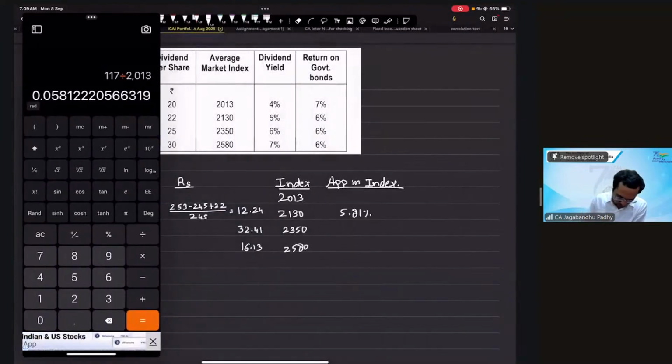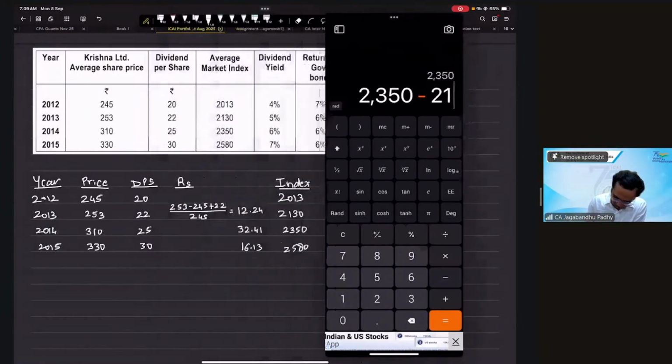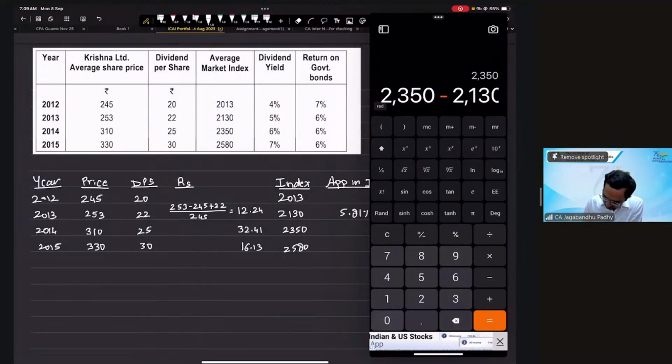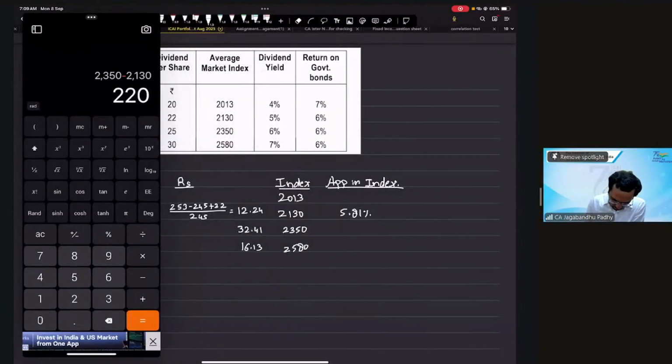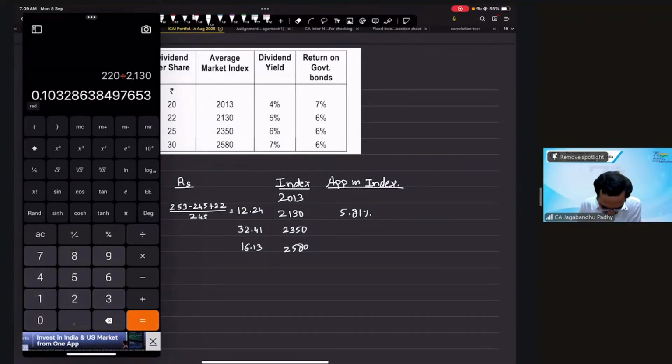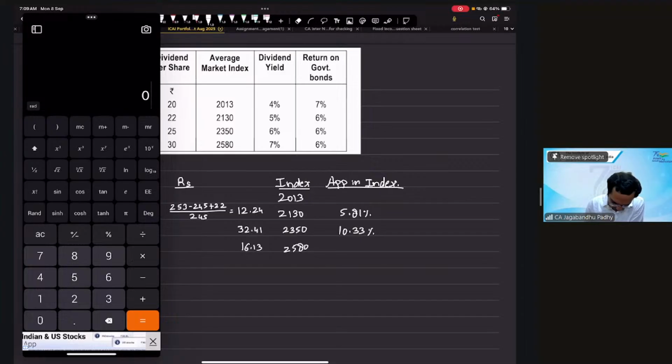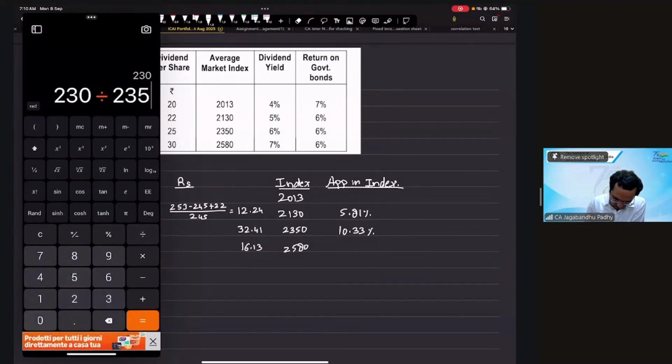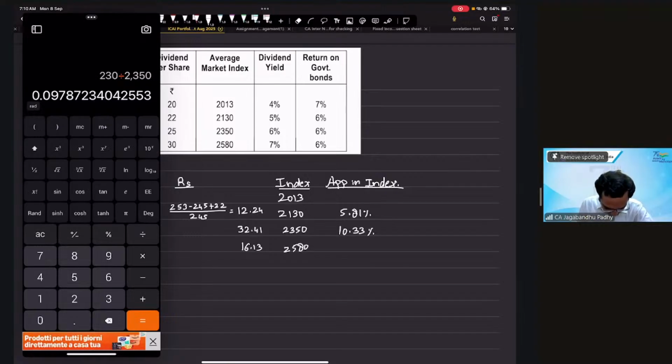Then we have 2350 minus 2130 divided by 2130, which is 10.33%. Then 2580 minus 2350, which is 230, divided by 2350, which is 9.79%.